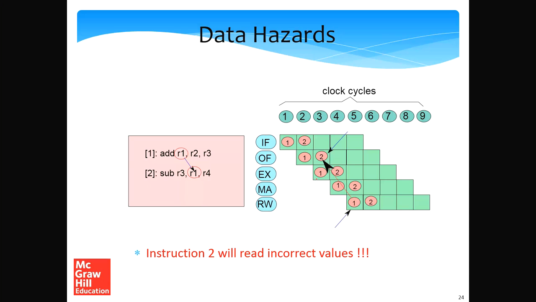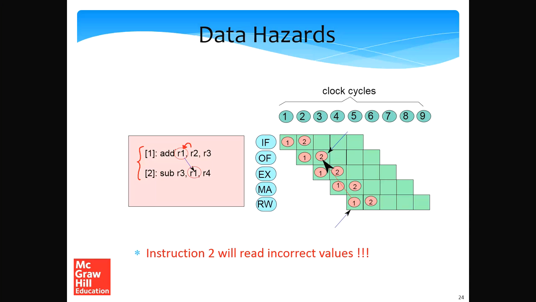Alright, so now let's take a look at some of the problems that can happen. Let's consider a sequence of two instructions, instruction 1 and instruction 2. Let instruction 1 be add R1, R2, R3, where we add the contents of R2 and R3 and transfer it to R1. Then let the next instruction be subtract R3, R1, R4, which takes the result of instruction 1 and uses that as an operand.